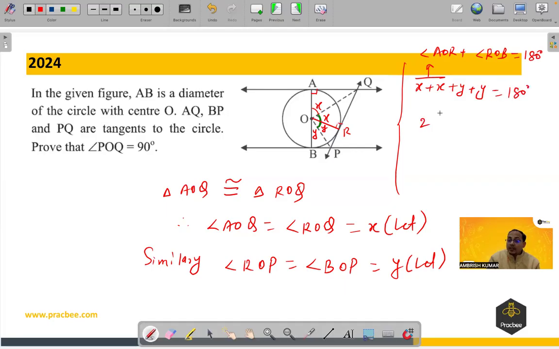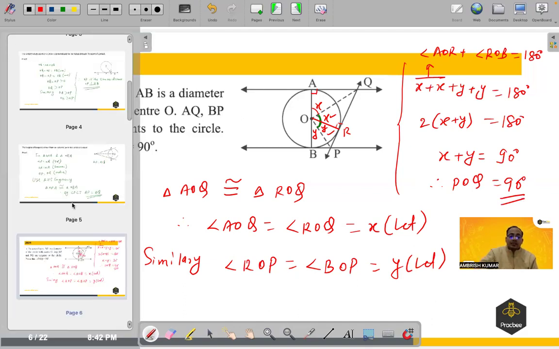So from here we get 2 times of X plus Y equals to 180 degrees. So X plus Y is your 180 by 2, that is 90 degree. Now X plus Y means this X plus this Y, this is nothing but your angle POQ equals to 90 degree. This is what we have to prove here, right?